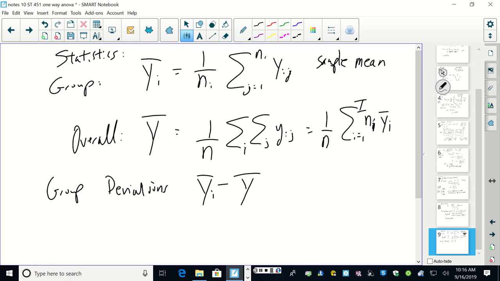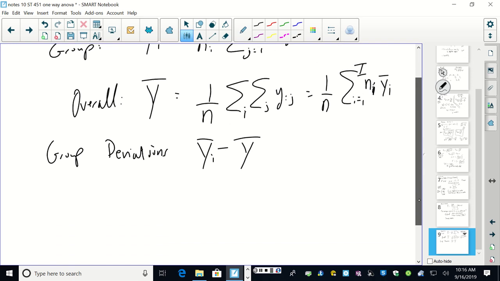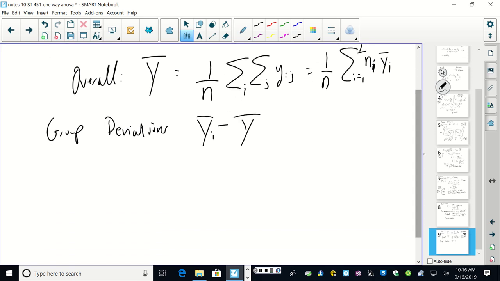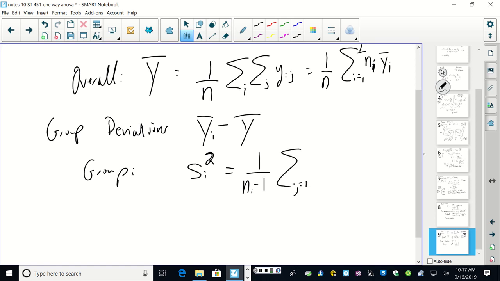But we're also going to look at general variability. Within group i we will have the sample variance, s i squared. We divide by one less than the sample size in that group and take the sum of y ij minus y bar i squared, the sample variance in that group.